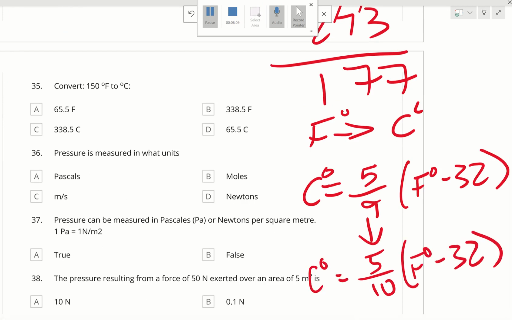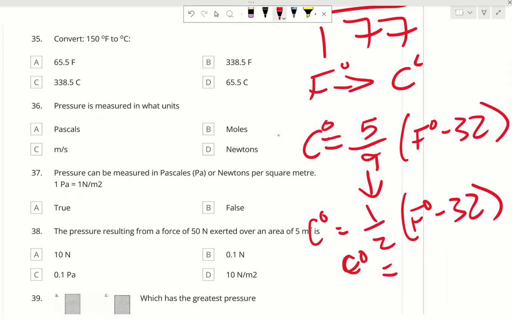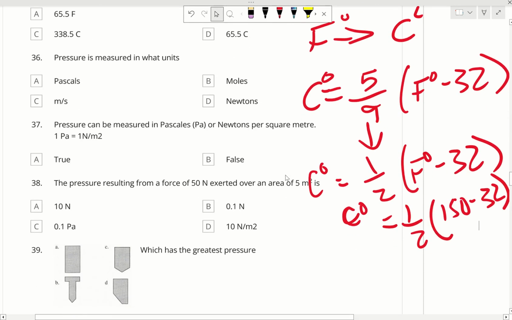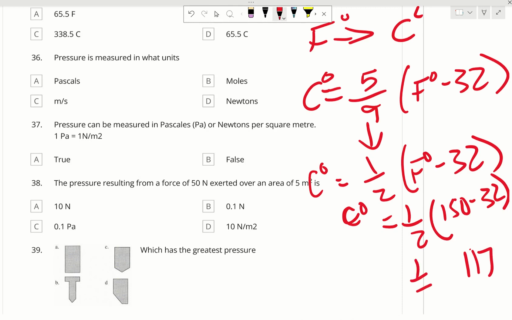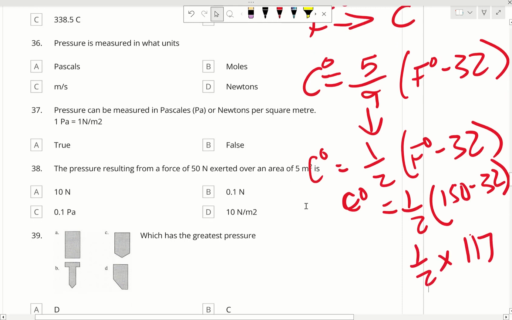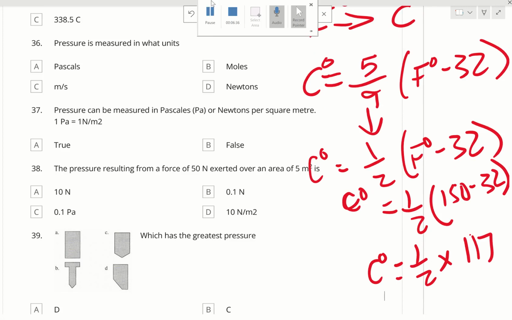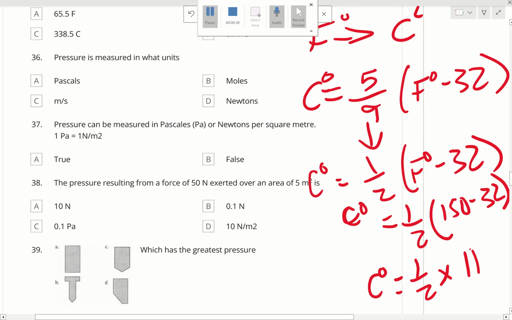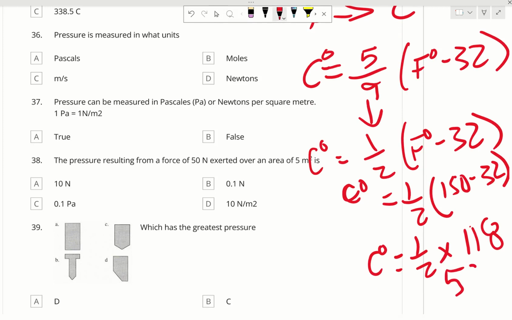And 5 over 10 is the same thing as a half. So Celsius equals half times F, 150 minus 32. So 150 minus 32 is 118, and half of 118 is 59 degrees.